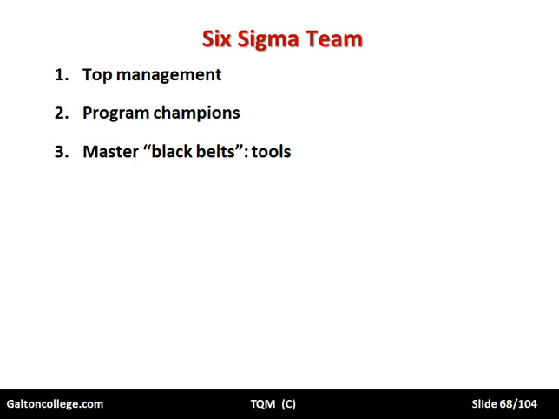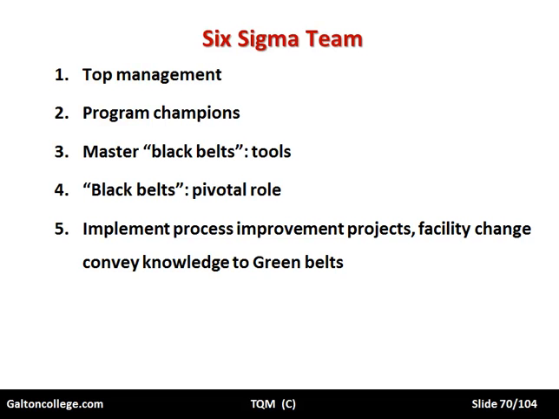These are very committed individuals, committed towards the achievement of Six Sigma. These are called black belts. They play a pivotal role. They're very important in the overall achievement of this type of outcome, an outcome which meets the Six Sigma requirements.